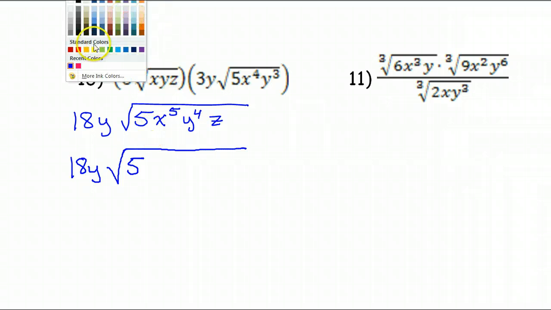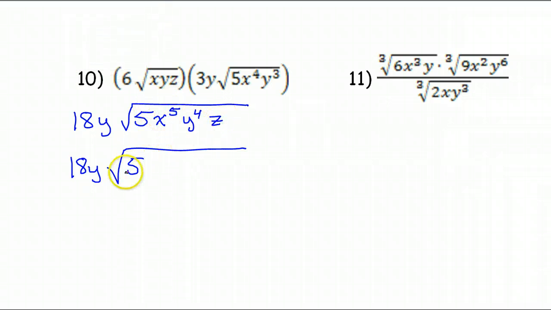Now, please understand, as I deal with these variables, that a square root is understood to be 2. It's a second root. Alright, it's understood. We don't write the 2, but I'm just emphasizing it because I need these exponents to be divisible by 2.